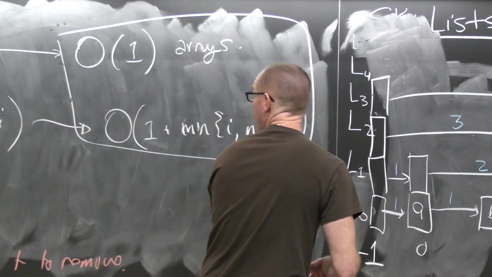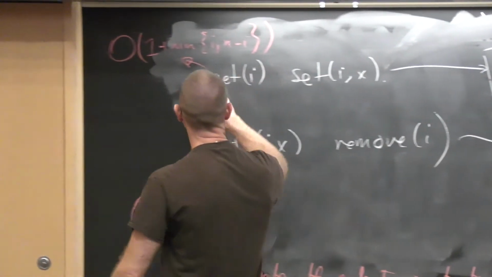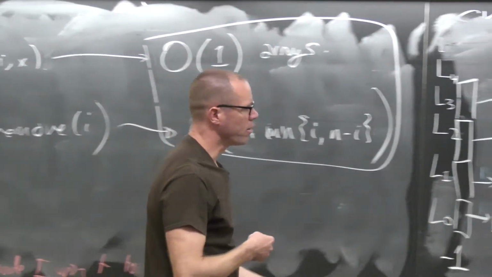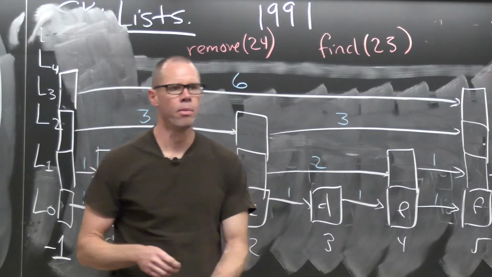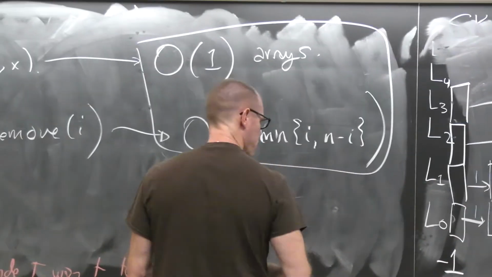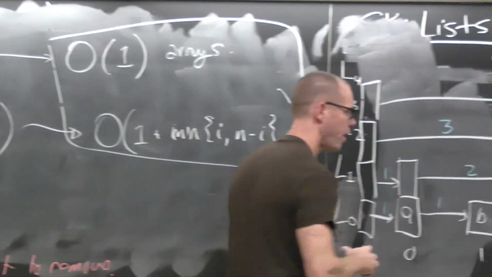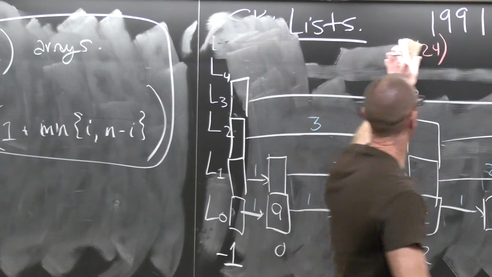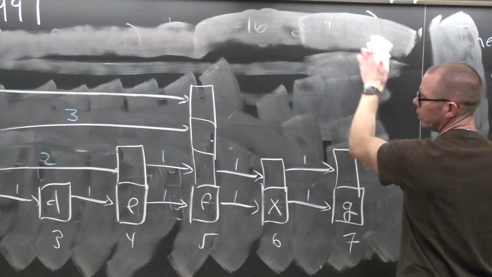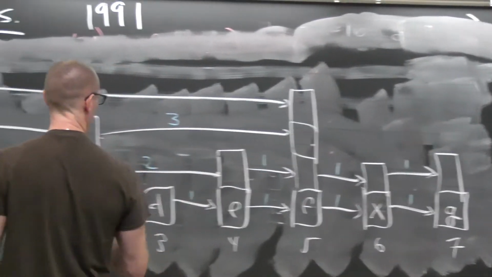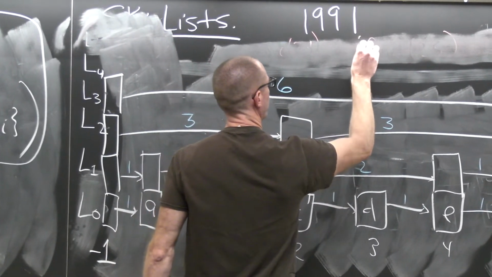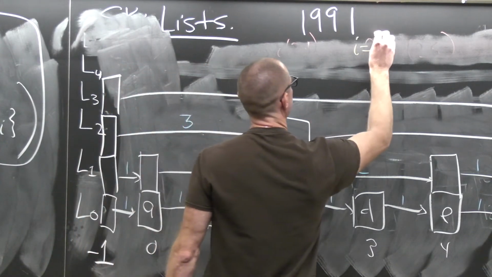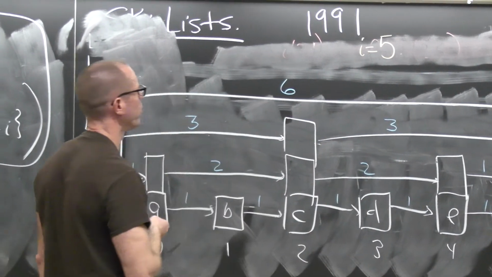So I need to be able to get to the ith value in the bottom list, the one with index i. Let's do this by example, and let's take i equal to 5.